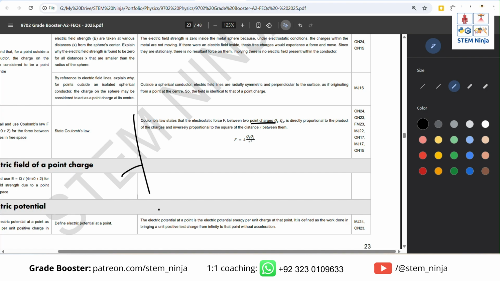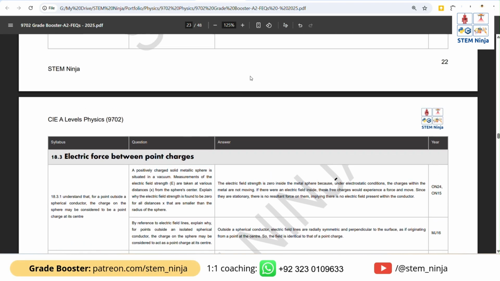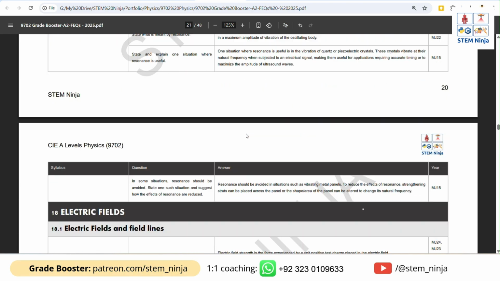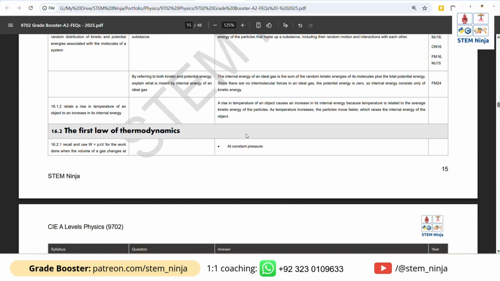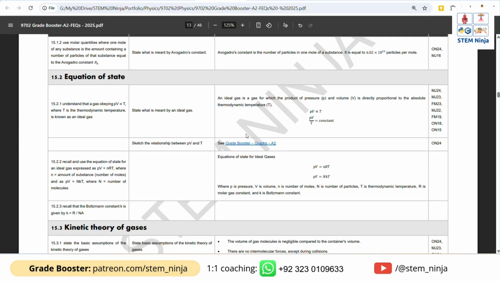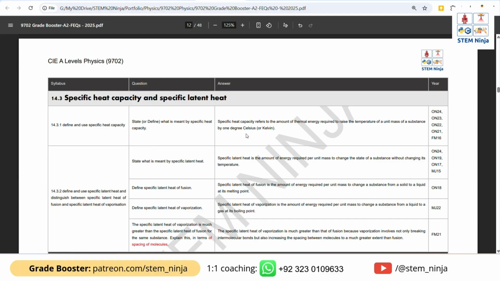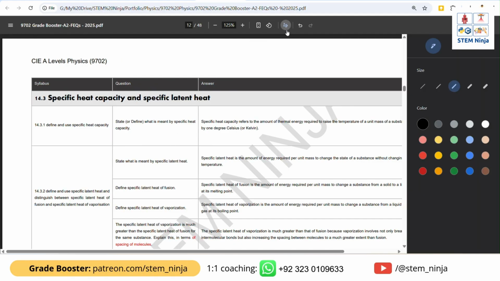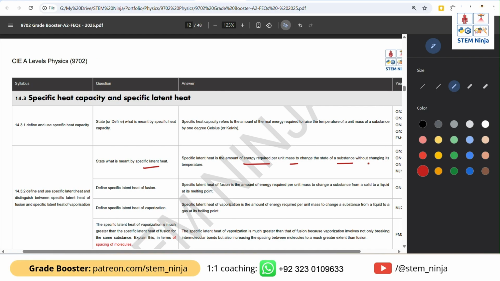So we go back to the thermodynamics, sorry, temperature. State what is meant by specific latent heat: amount of energy required per unit mass to change the state of a substance without changing its temperature.